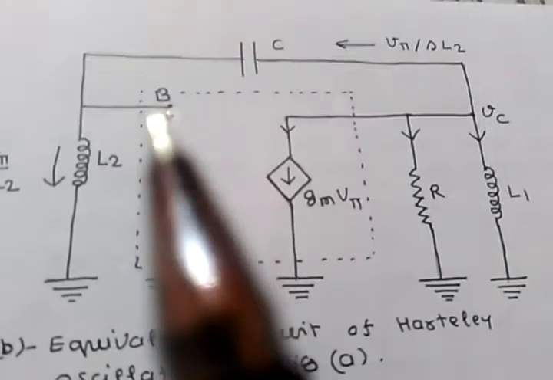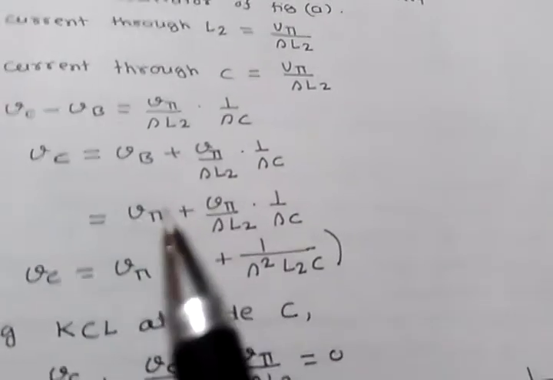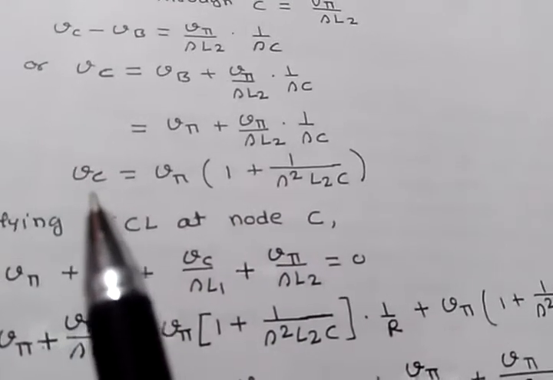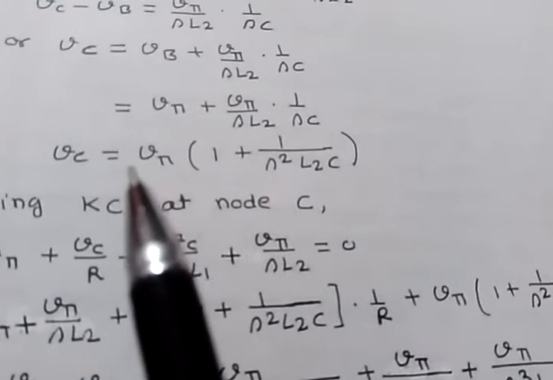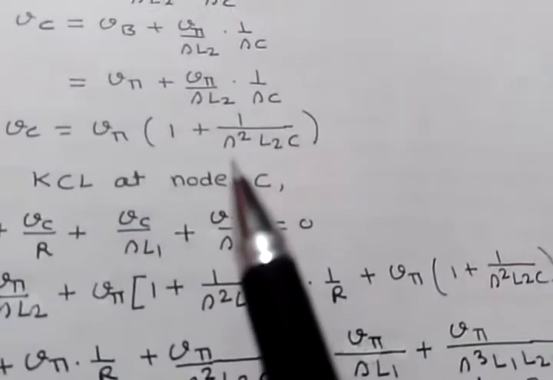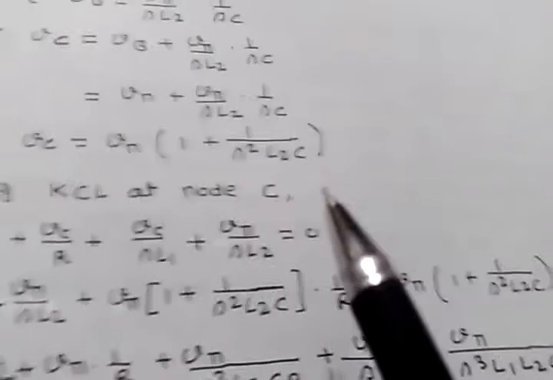So VB equals V pi. Right here at the place of VB, write V pi and take V pi common. VC can be written as VC equals V pi times 1 plus 1 upon S square L2C.